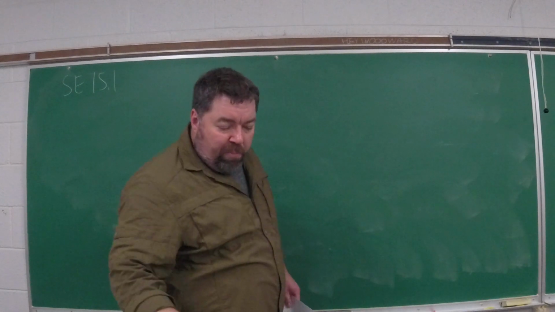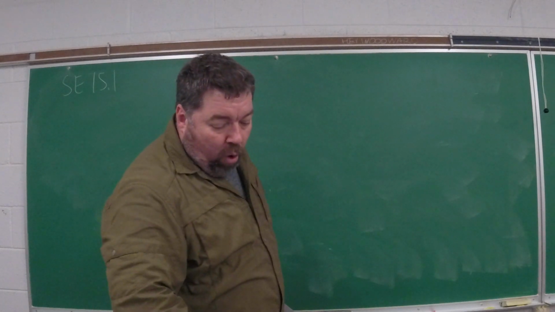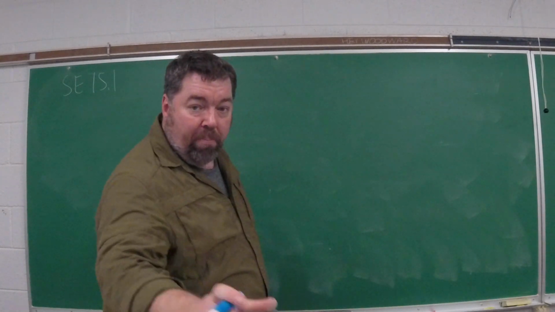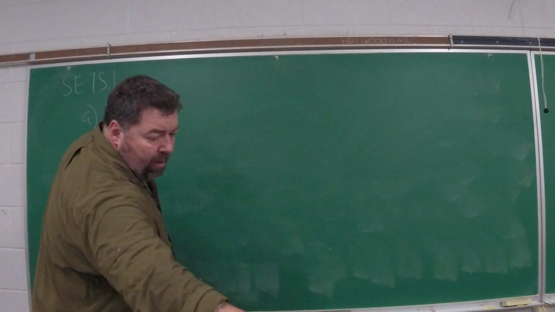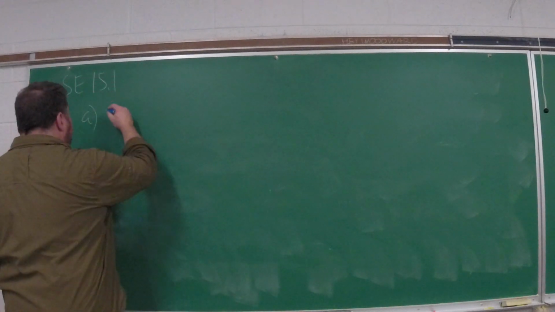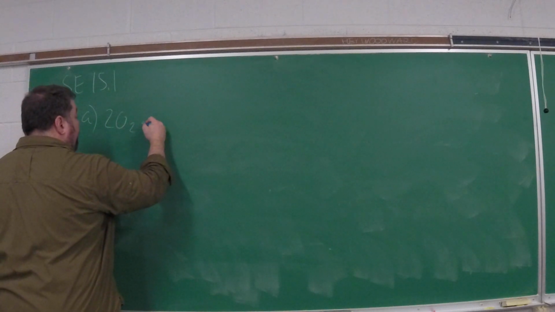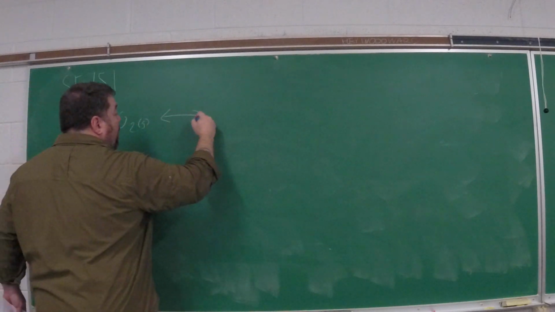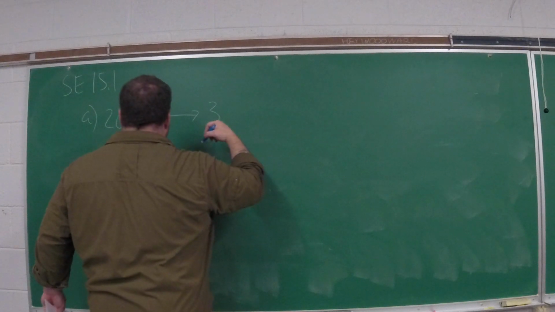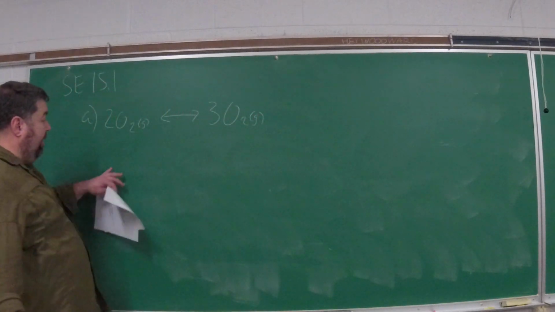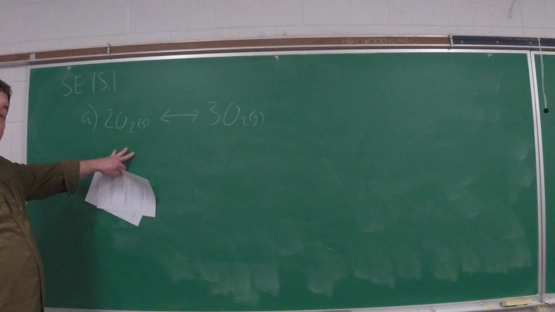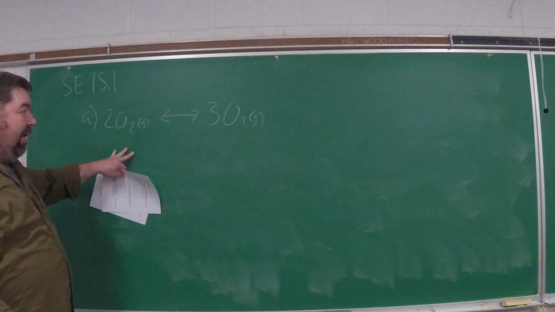Basically, write the equilibrium expression Kc for the following reactions. Pretty straightforward. For A, we're going to have 2O3 gas going reversibly to 3O2 gas. I'll write it out in a moment, but go ahead and write out Kc for that.